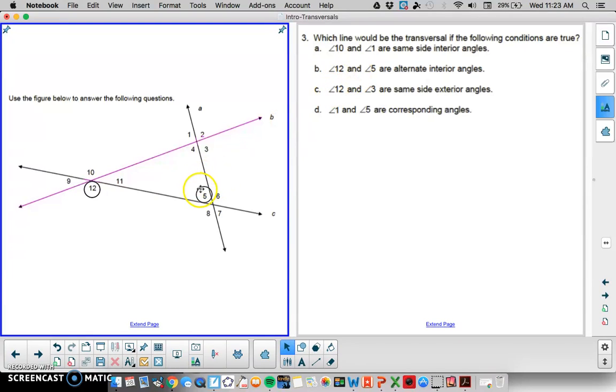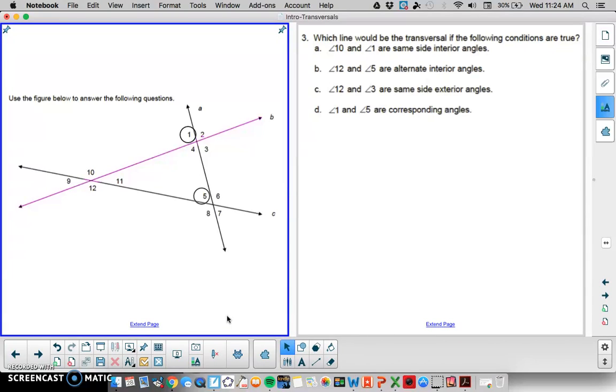For 12 and 3 to be same side exterior angles, they're outside the two lines A and C on the same side of that transversal B. And in order for 1 and 5 to be corresponding in the same position, A would have to cut through B and C. So A would be our transversal.